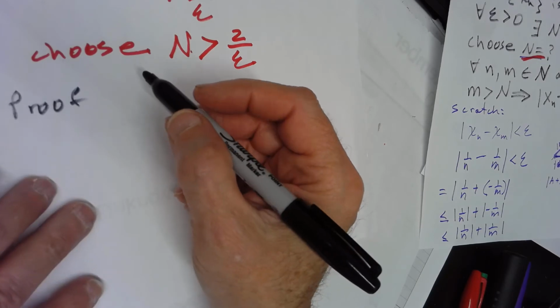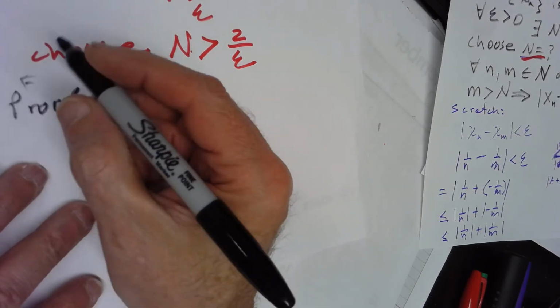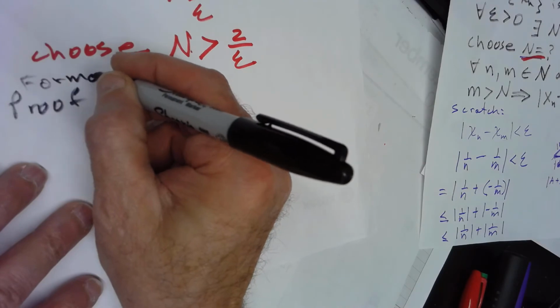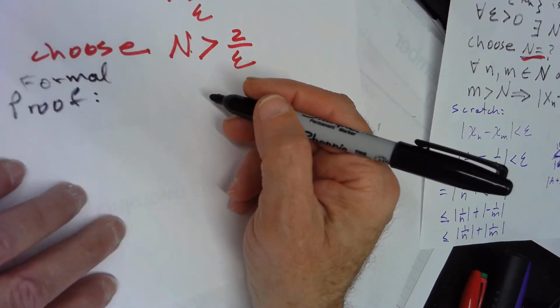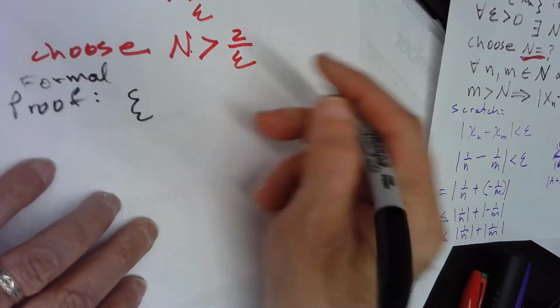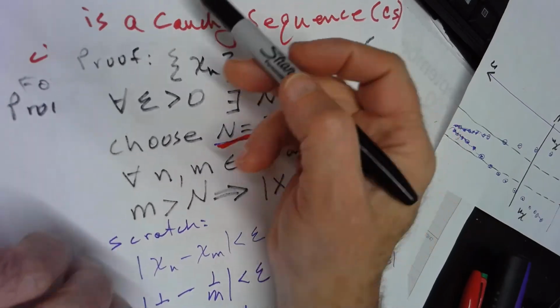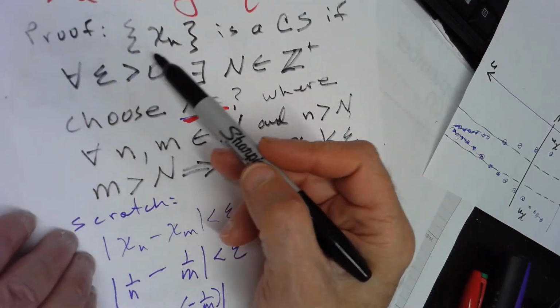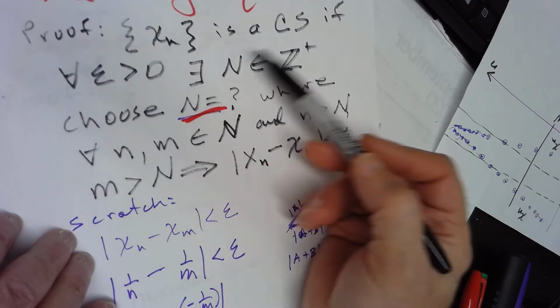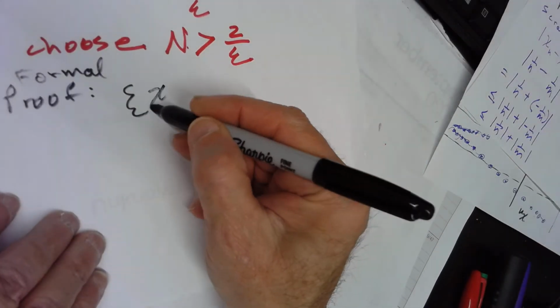And so here's our, now we can write our formal proof. And so we would start this all over again, and we would rewrite this here for our formal proof.